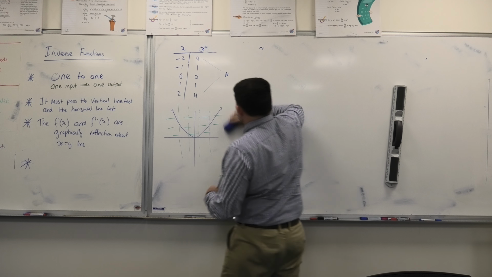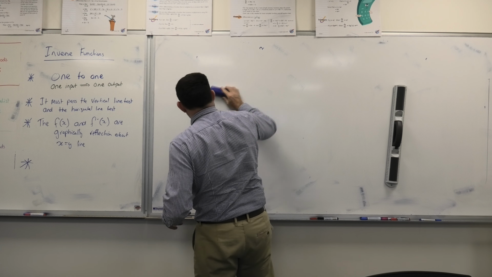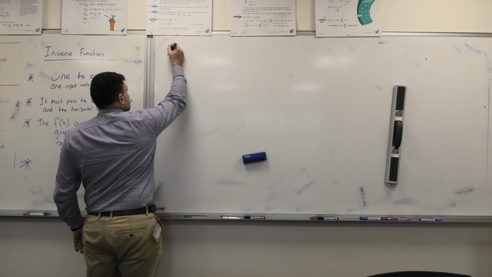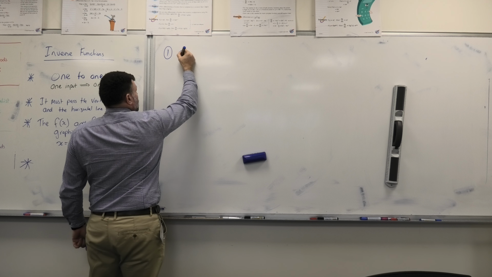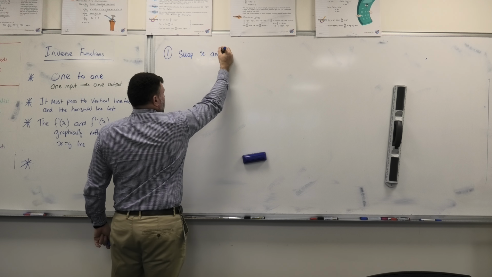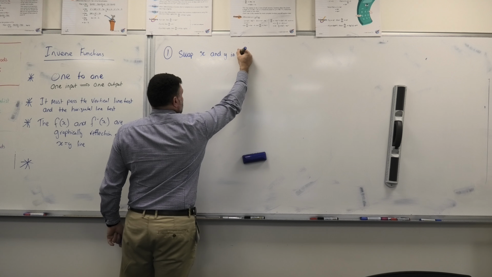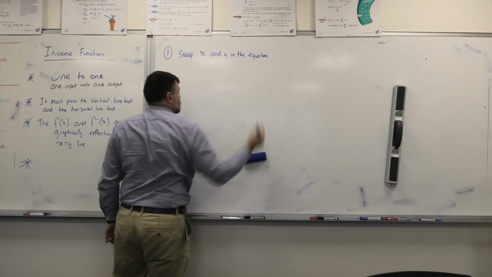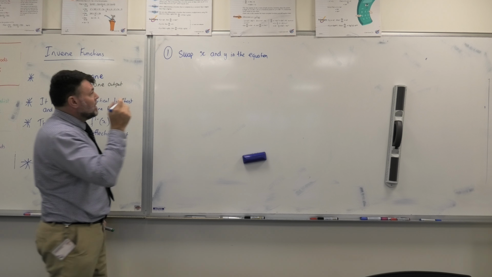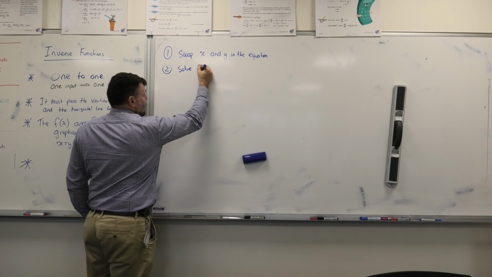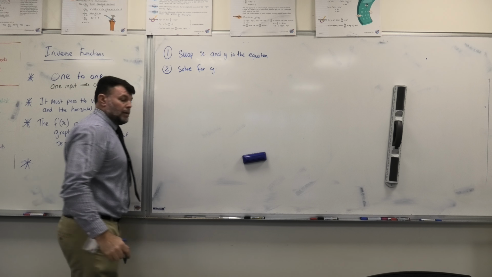The steps that we take for finding the inverse function are as follows. Our first step is we swap x and y in the equation. Our second step is we then solve for y.